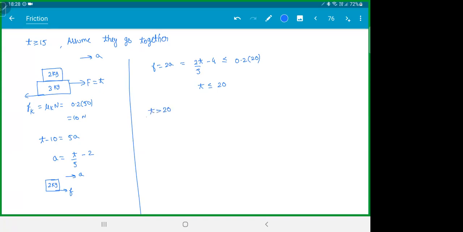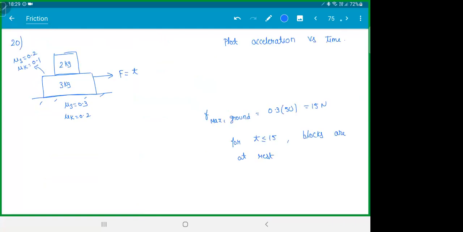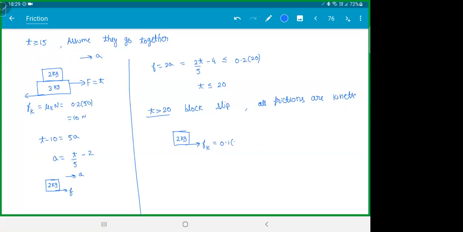For t greater than 20, blocks slip. Blocks slip, therefore all frictions have become kinetic. That is the only difference till now from what we have done. The moment you say it is slipping, you put mu k N instead of mu s N. So if you take the upper 2 kg block, this friction will be kinetic, Fk is 0.1 into 20, which is 2 newtons.